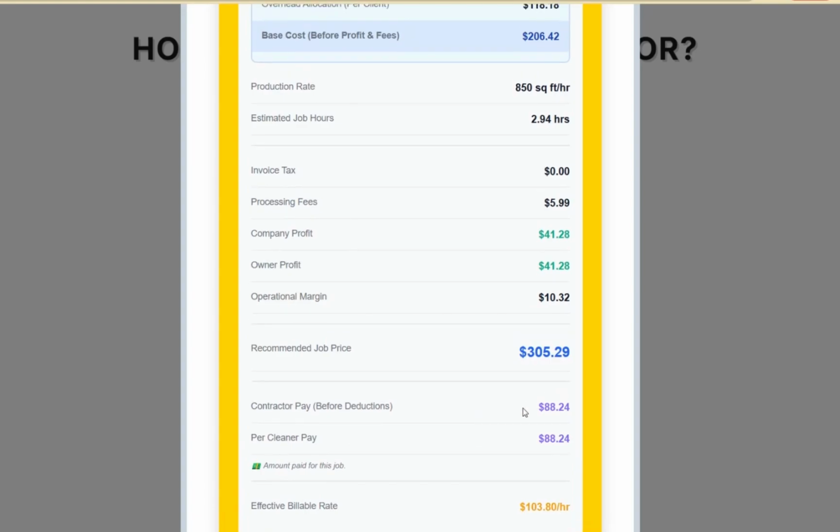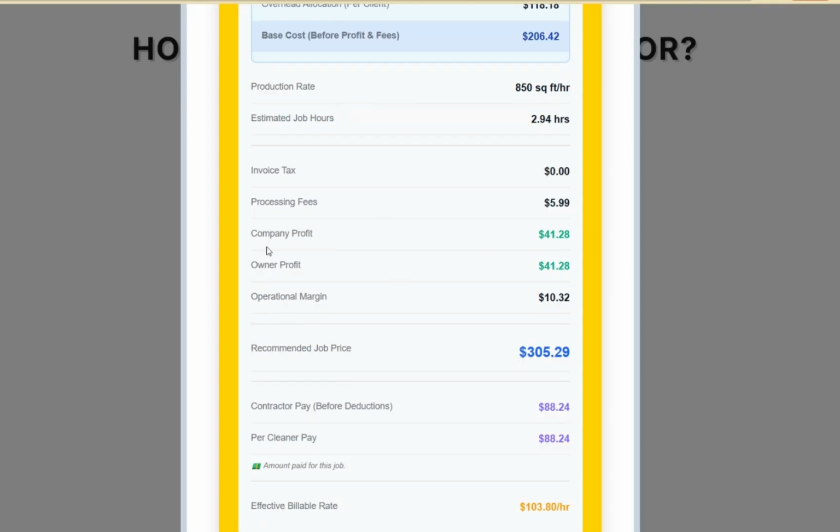So it's really important that you understand these numbers, because sometimes the cleaner may feel like, I'm not working for that little bit of money. I think you should pay me more. I think I deserve $150 since you're getting $300, right? So if you were to pay your cleaner $150, now you're pricing emotionally, because that extra money has got to come from somewhere.